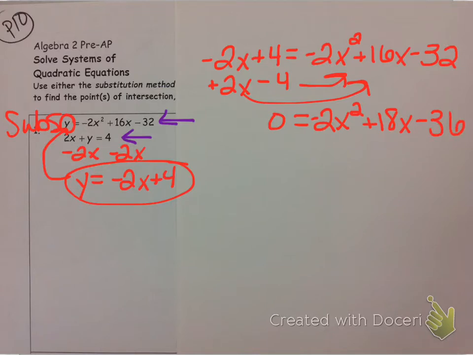Now, I can take the whole equation and I can divide it through by negative 2, but I didn't do that in class. Some of you guys are very good with that kind of thing. Some of you guys sometimes make arithmetic mistakes with any extra steps that we ask you to do, and only you know whether you're comfortable with that or not.